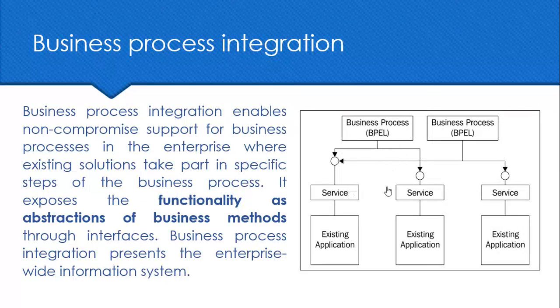So there is a business process and another business process, and this data is shared. Business process integration presents the enterprise-wide information system, not just a single site. It could also be a business with different branches, and those branches are centralized.